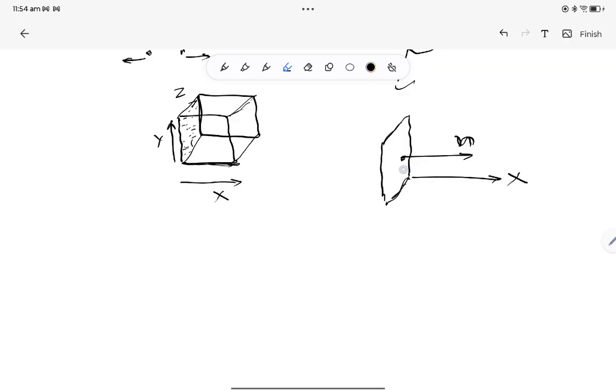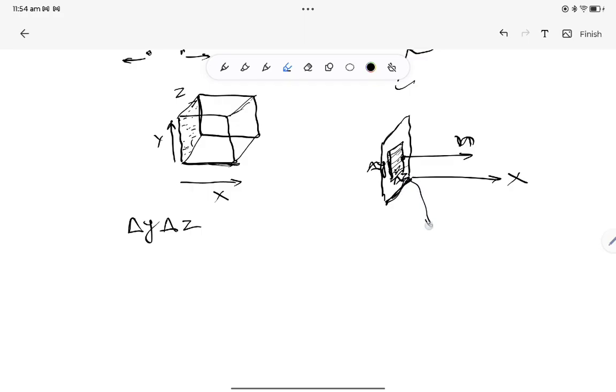Now, consider a small patch of area on this surface like this. This distance is z, so it will be delta z, and this is y, so this will be delta y. So the area of this is delta y, delta z.